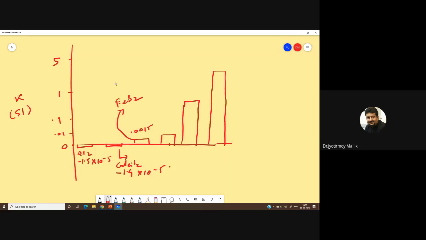This is hematite. We will talk about hematite and magnetite in more detail. Hematite has a susceptibility of 0.0065. Then this is pyrrhotite, around 1.5. And this is magnetite, around 6.